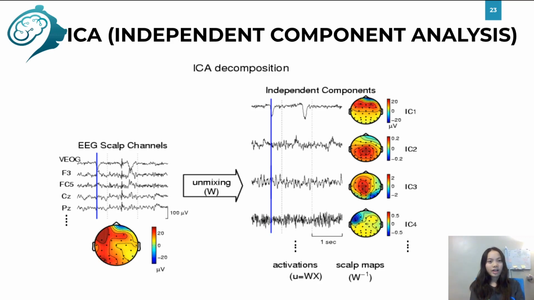For artifact correction, ICA is used to separate components in order to identify artifacts from eye movements or heartbeats. These have characteristic shapes and can often be identified automatically. Applied to EEG and EMG, ICA is much more effective than its simpler counterpart, PCA, or principal components analysis, which assumes that all signals are orthogonal and creates a succession of orthogonal base vectors where each vector will account for as much variance as possible.